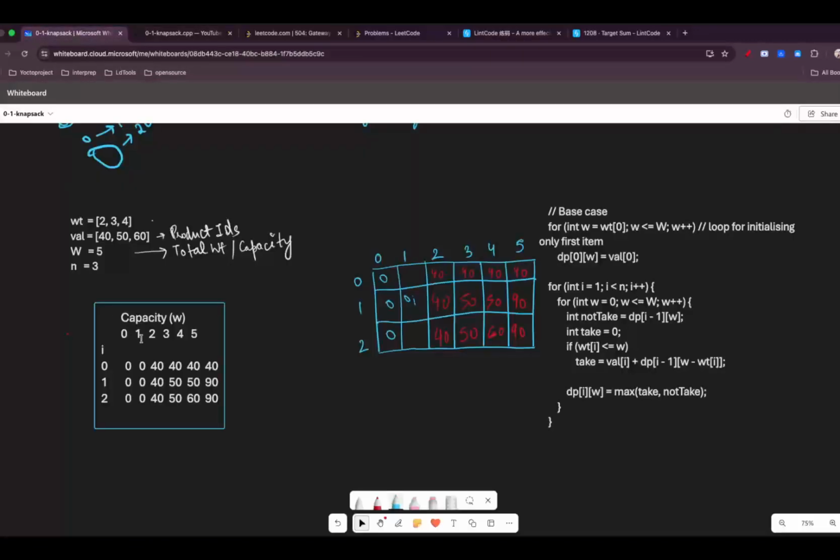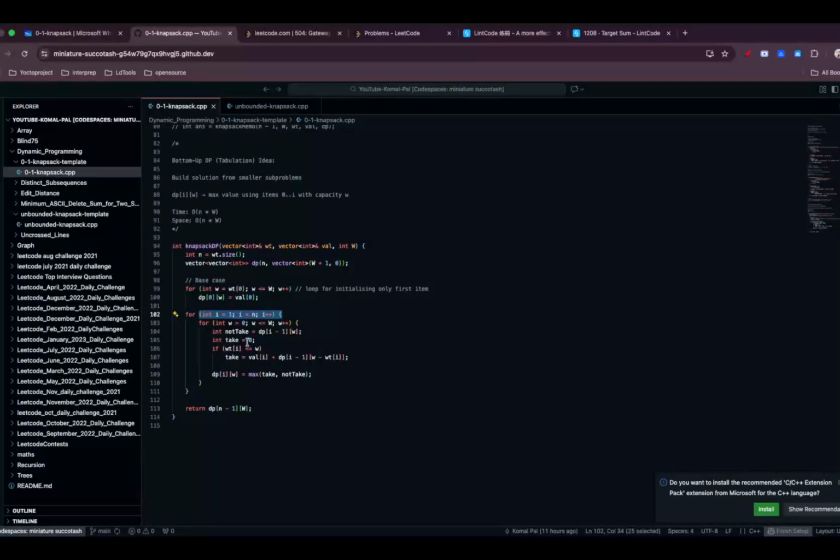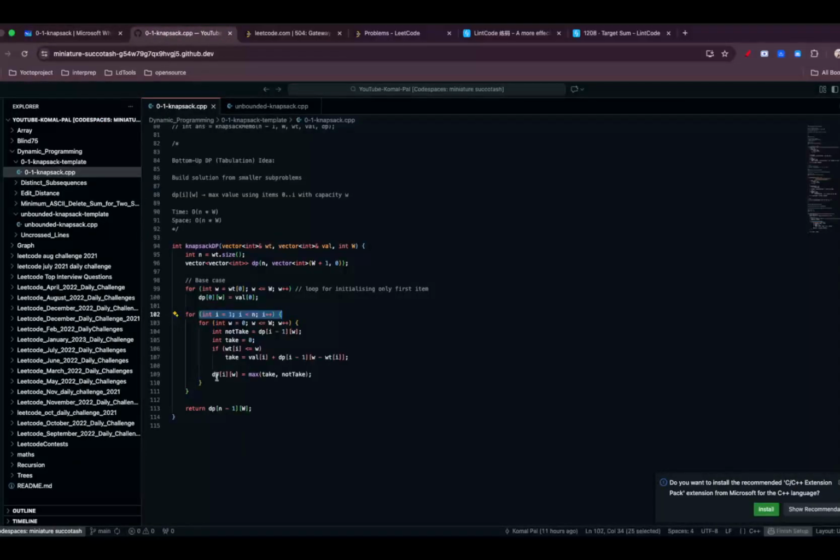So at this weight of 1, it is 3, and this weight is 0. The condition is that it should be less than or equal to the weight which is there, but here 3 against 0 doesn't satisfy the condition. So take will also be 0, and the maximum out of that will be 0.